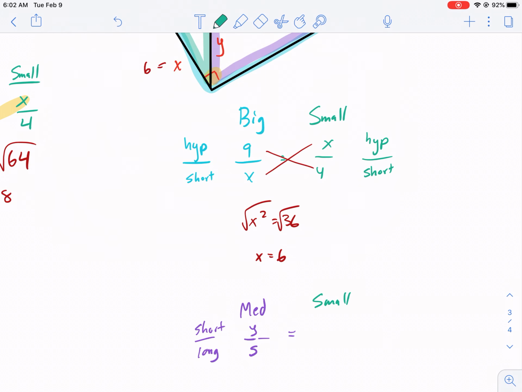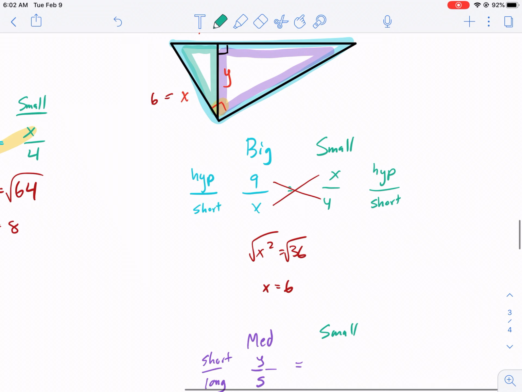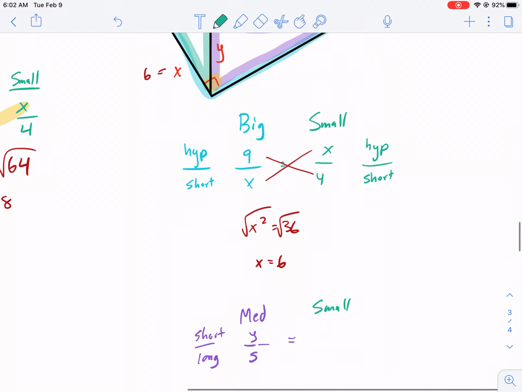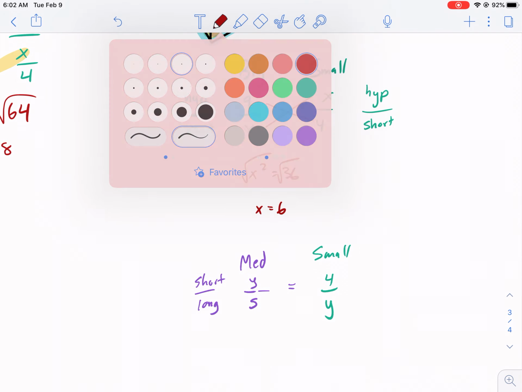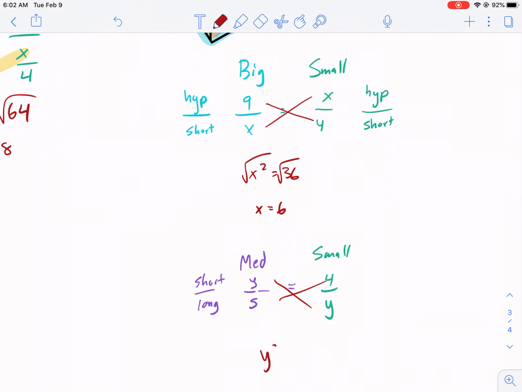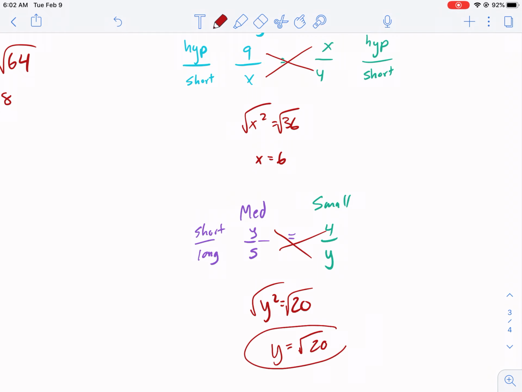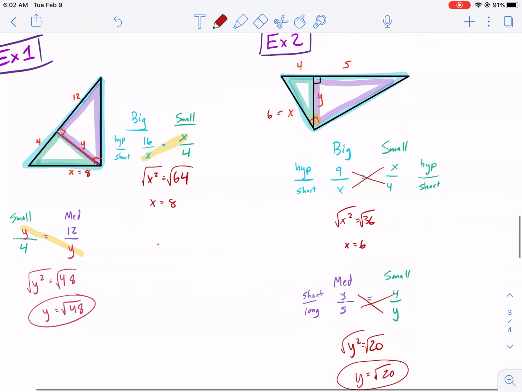I'm comparing short to long. So my short side is 4, and my long side is y. I have a geometric mean again right here, so I get y squared equals 20. Take the square root of both sides, and I get y equals the square root of 20, which is between 4 and 5. And that's how I do these problems.